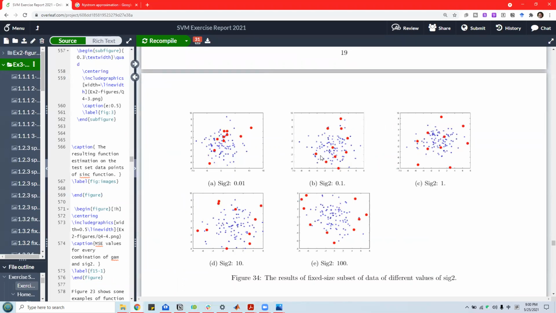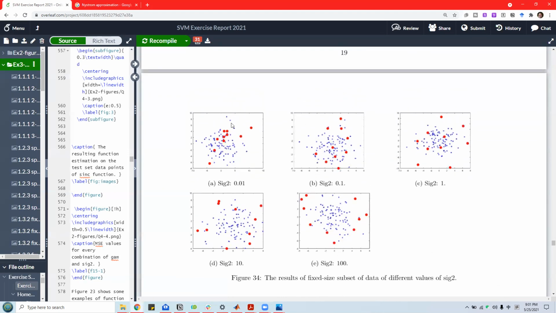The original data is kind of Gaussian, like a standard distribution. If you look at this blue point, it's a standard distribution with a center of 0 and sigma equal to 1, I guess.